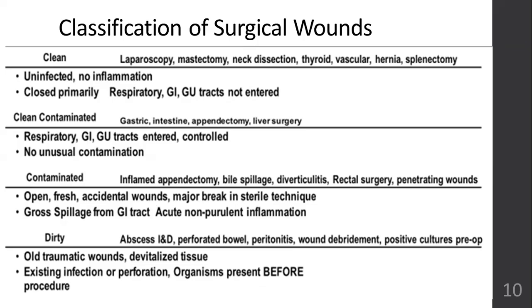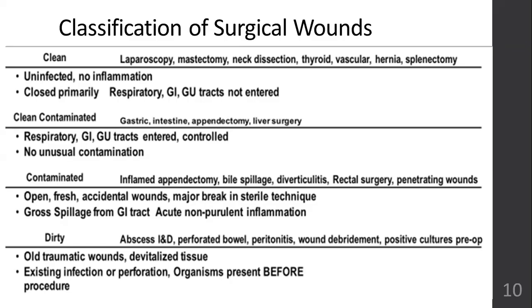Then contaminated surgical wound from accidents, open wound, which you got from outside, maybe through a traumatic injury, road traffic accidents. And there was a gross spillage of your GI tract contents into the peritoneum. Maybe it was a rupture in the GI tract, maybe the appendix ruptured, in which the contents of the GI tract, along with the microbes, spread throughout your peritoneum.